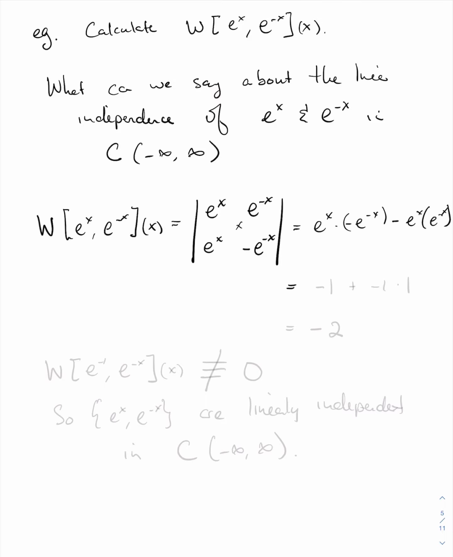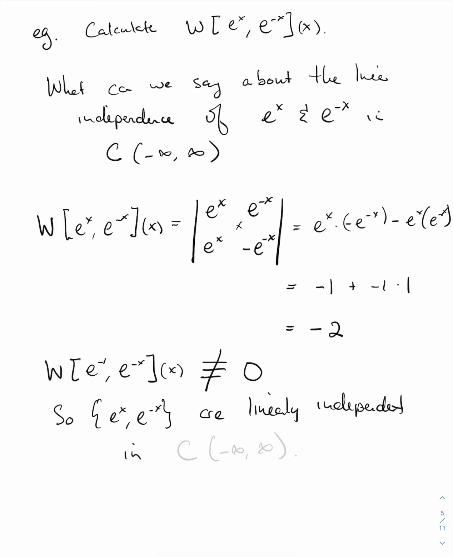This is negative 1 plus negative 1 times 1. This is negative 2. So the Wronskian is negative 2, the function that sends everything to negative 2. And we'll notice that it is not uniformly 0 because it's negative 2. So e^x and e to the negative x are linearly independent in this vector space.